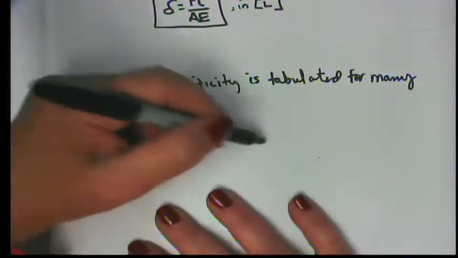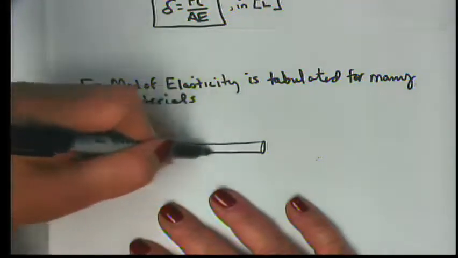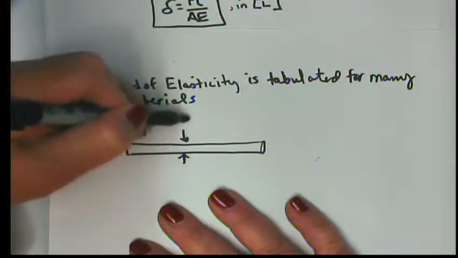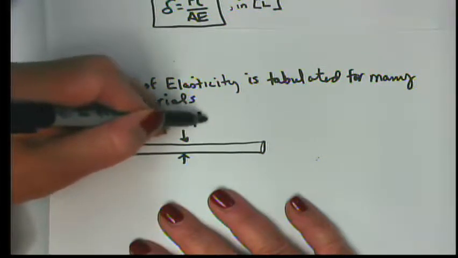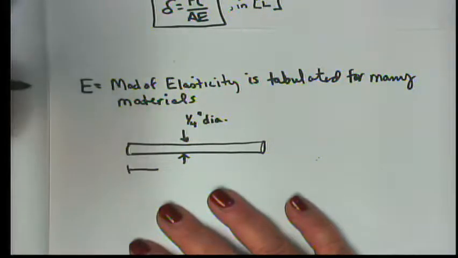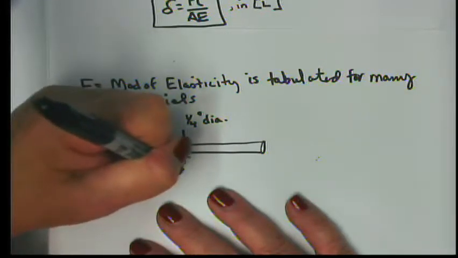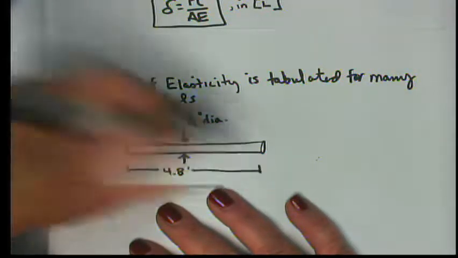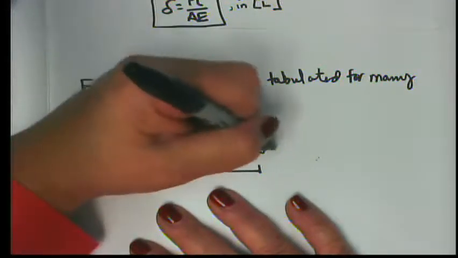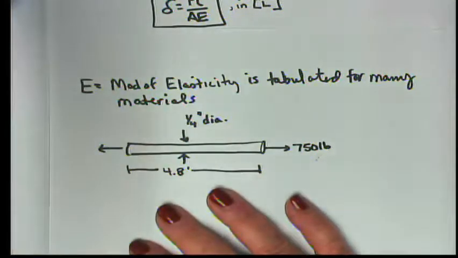Okay, so we have a wire that has a diameter of 1/4 inch. We are told that the length of this wire is 4.8 feet, and we subject it to a 750-pound tensile load.